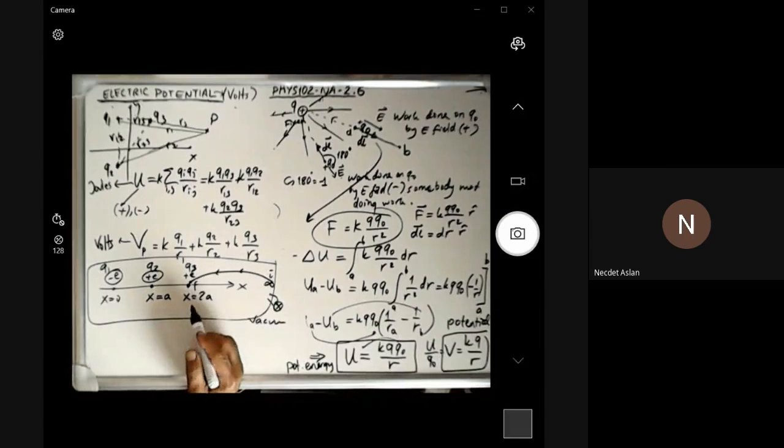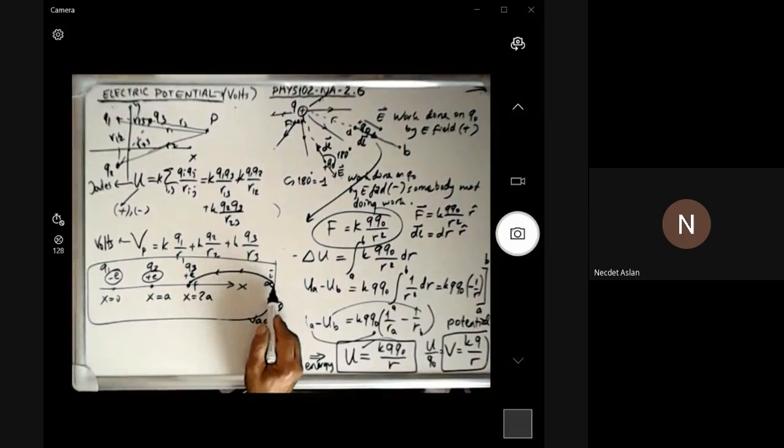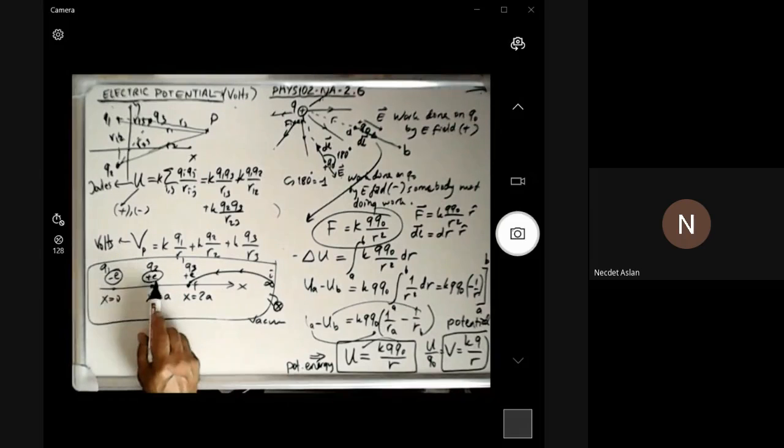If this positron is moving from infinity or very far distances to this point, the electric field is created by these two charges, which are fixed, assume that these are fixed, by the way.